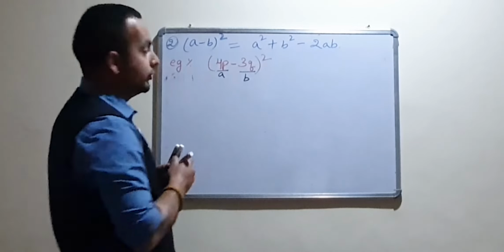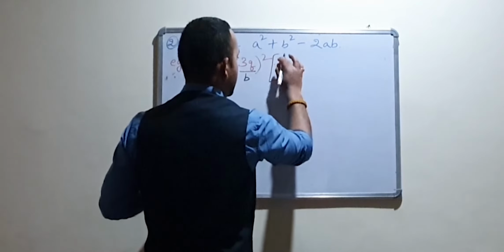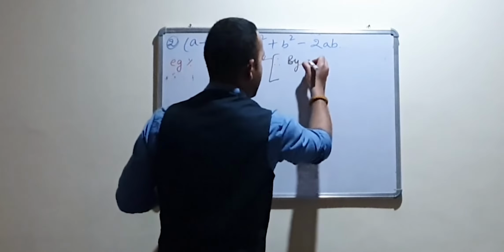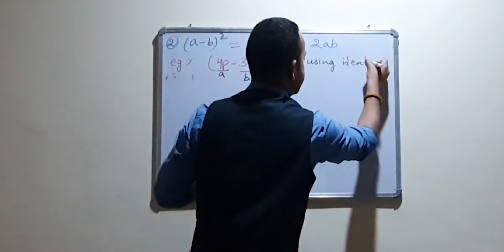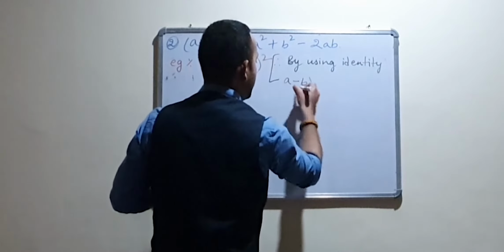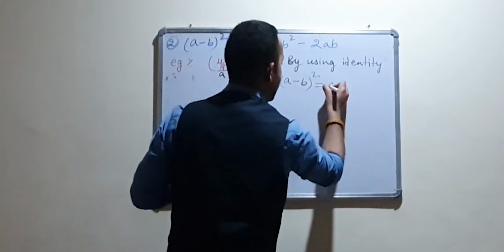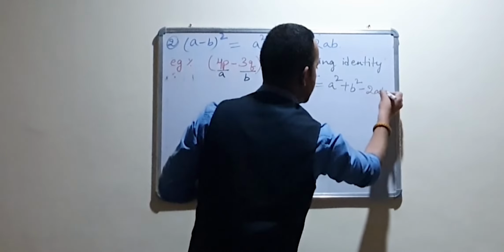Now again what you will do, you will say that therefore by using identity A minus B whole square, that is A square plus B square minus 2AB.